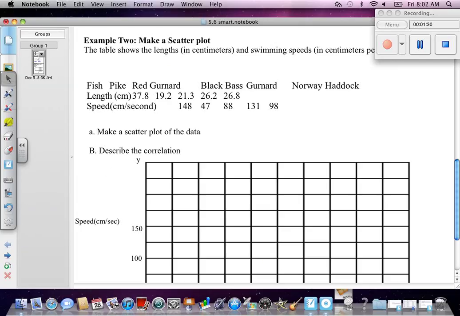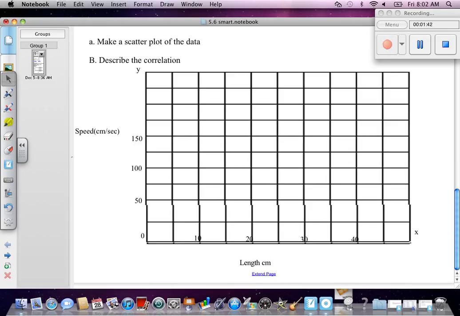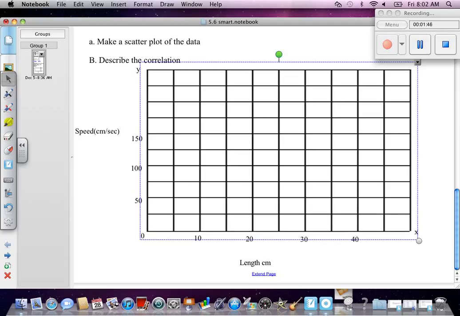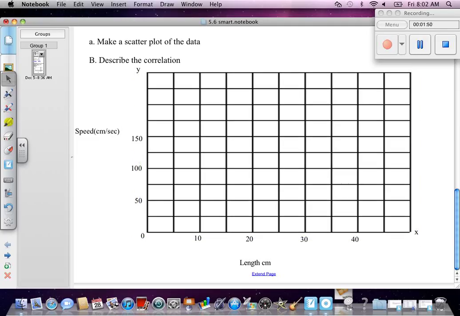So you've got a table. The table shows the length in centimeters and swimming speed in centimeters per second of 6 fish. So you've got this graph, and we're going to go up by 25: 0, 25, 50, 75, 100, 125, 150.